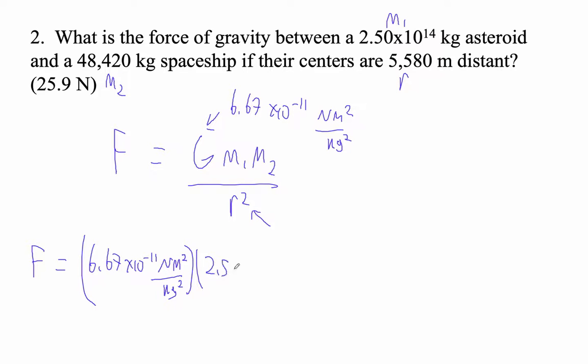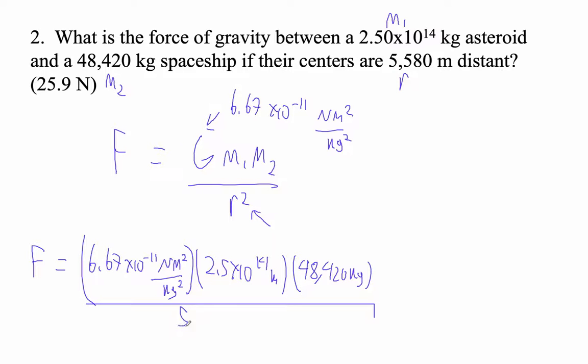So 2.5 times 10 to the 14th kilograms, and then the spaceship is 48,420 kilograms, and then it's 5,580 meters, and then that's squared. If you look at the units, kilograms and kilograms cancel, meters squared cancels meters squared, and we end up with newtons as well.